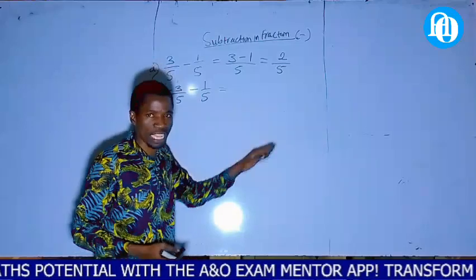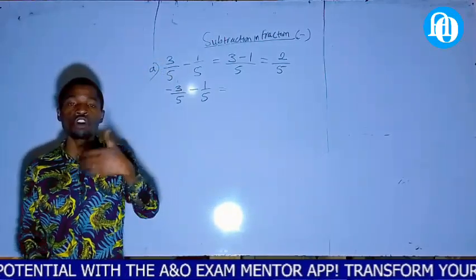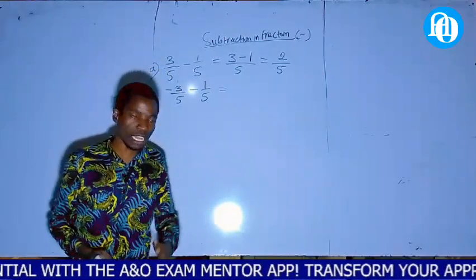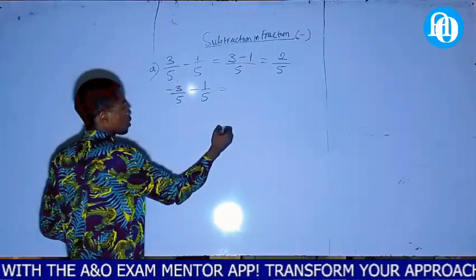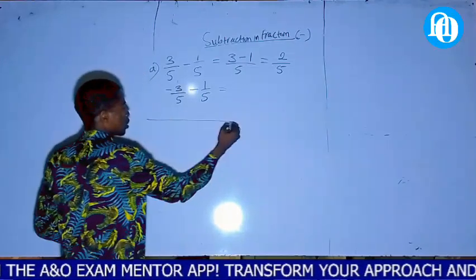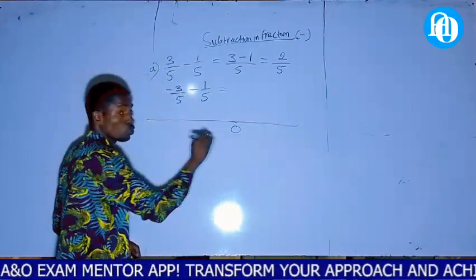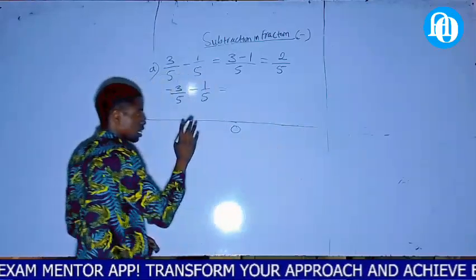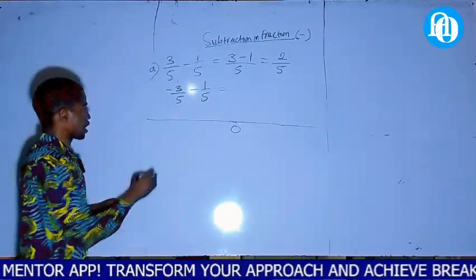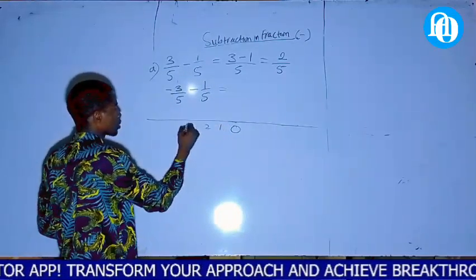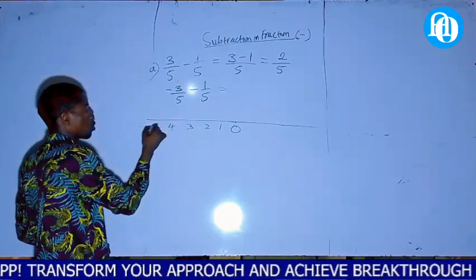Now, the core subject, when you are in primary school, they call it integer. What's the meaning of integer? Look at this. If you don't understand, I want you to focus on this. It's very important. Now, 1, 2, 3, 4, 5, 6, and so on and so forth.